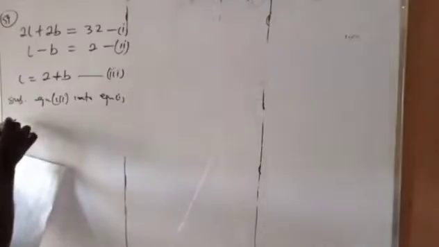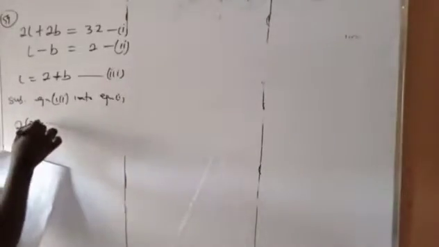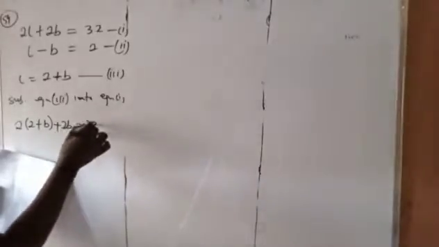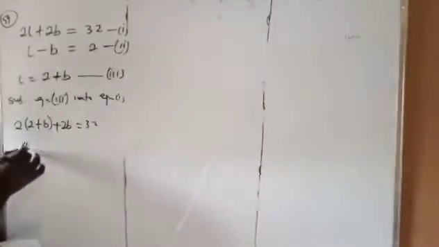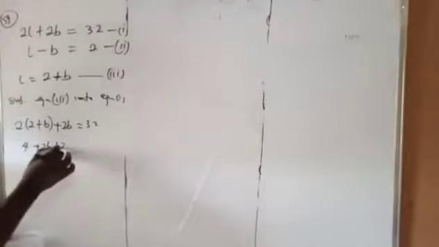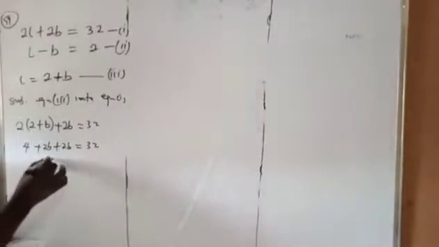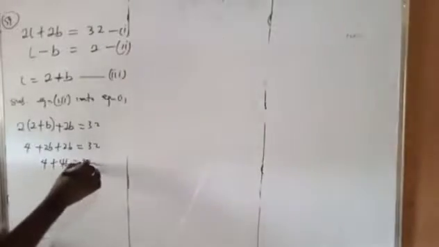So that means we're going to have 2 into 2 plus B plus 2B equals 32. So this gives 4 plus 2B plus 2B equals 32, and that is 4 plus 4B equals 32.